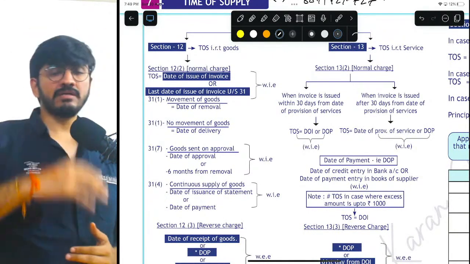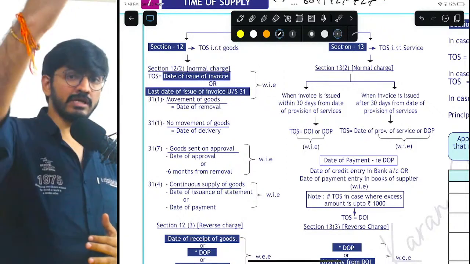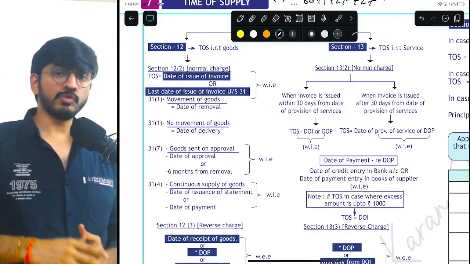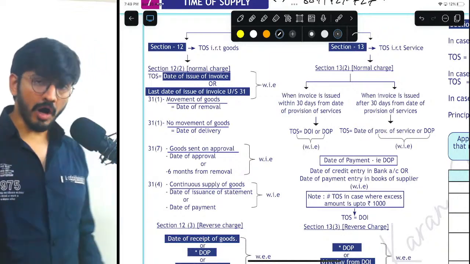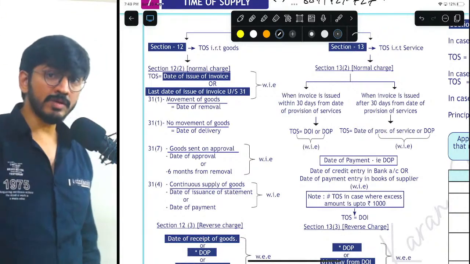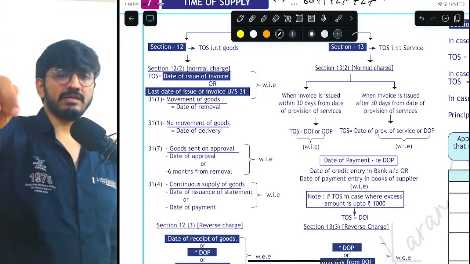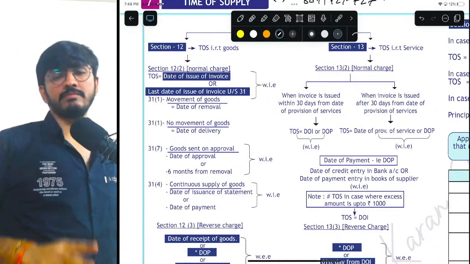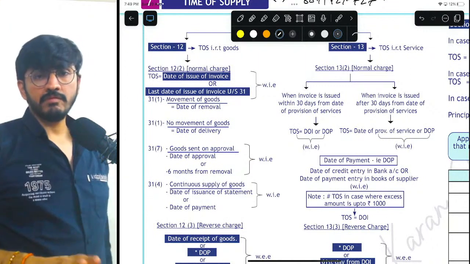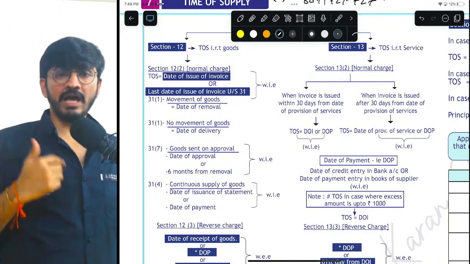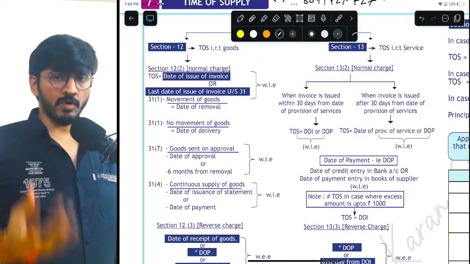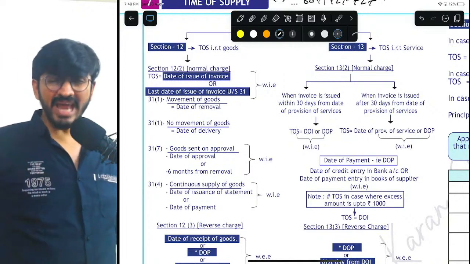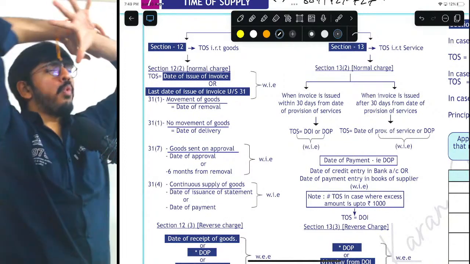Finally the goods are delivered, the invoice is issued, payment is made. Now, across all these events, which is that event when I can say supply has happened, supply is done? When the order was placed, when I removed the goods from the factory, when the invoice was raised, when payment was received, when?